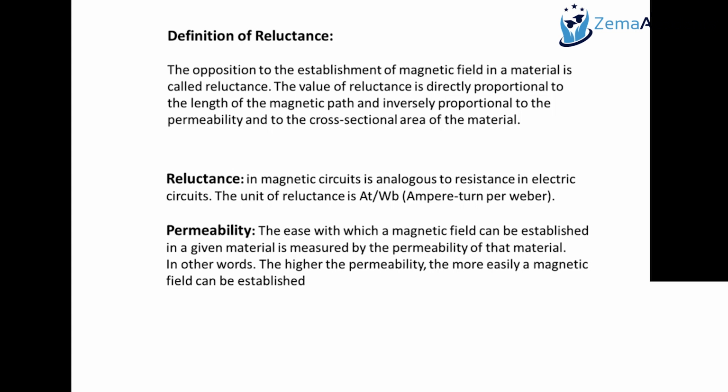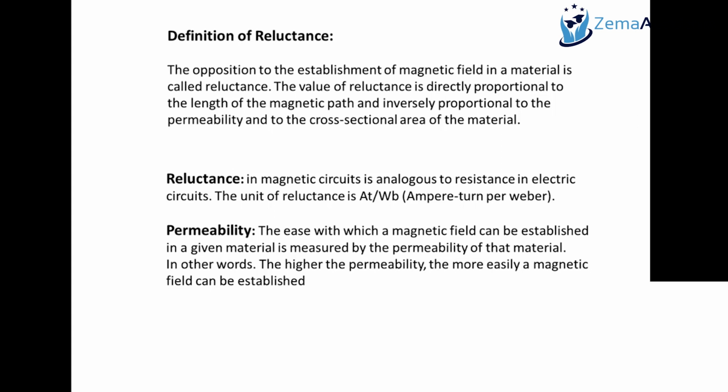The opposition to the establishment of the magnetic field in a particular material is called reluctance from the magnetic circuit's perspective. The value of the reluctance is directly proportional to the length of the magnetic path of the material and inversely proportional to the permeability and the cross-sectional area of the material. Now I mentioned the word permeability, which is very important to understand before we start the standard construction of a transformer.